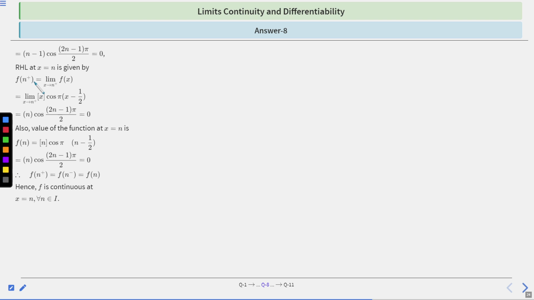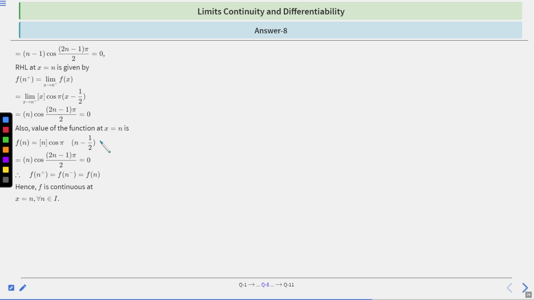Now let's check the right hand limit at x equal to n, given by f(n plus), which is limit x tending to n plus of f(x), which is equal to limit x tending to n plus of the greatest integer function of x cos (2x minus 1)pi by 2. Right. Now as x tends to n plus, the greatest integer function of x is basically n, right? And cos (2n minus 1)pi by 2 is 0, because cos of an odd multiple of pi by 2 is basically 0.